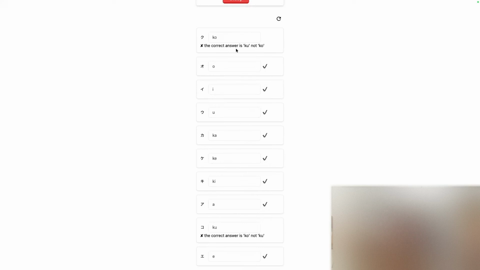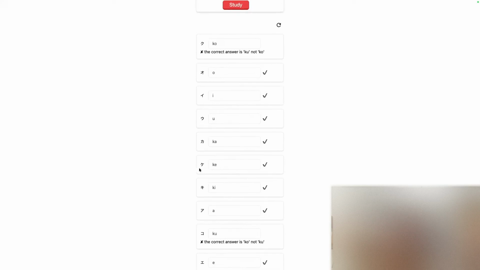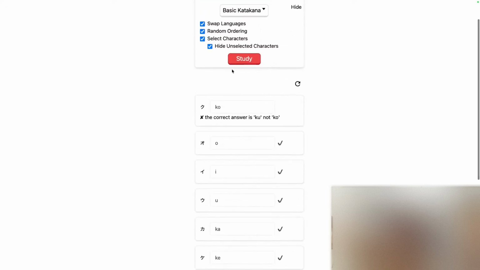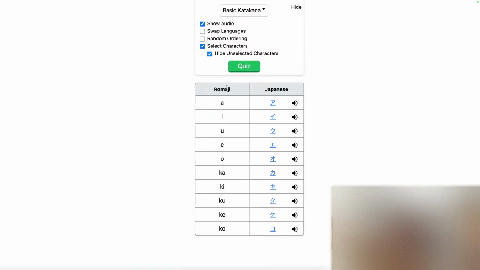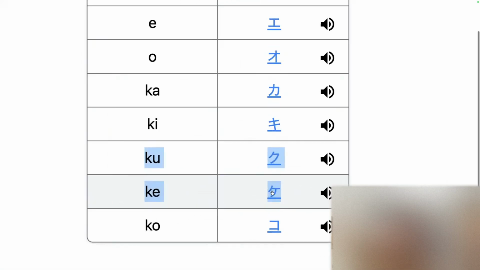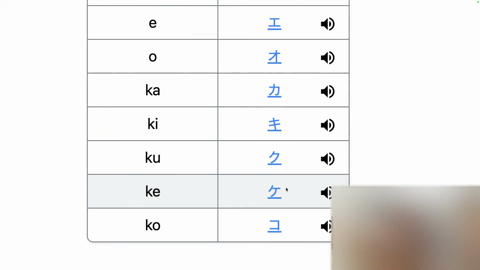Okay. So I think what I'm going to do is try and understand. If I get rid of random ordering and look at this table, to me, these two look very similar, Ku and Ke. So this dash extends to the right, whilst here it stops.